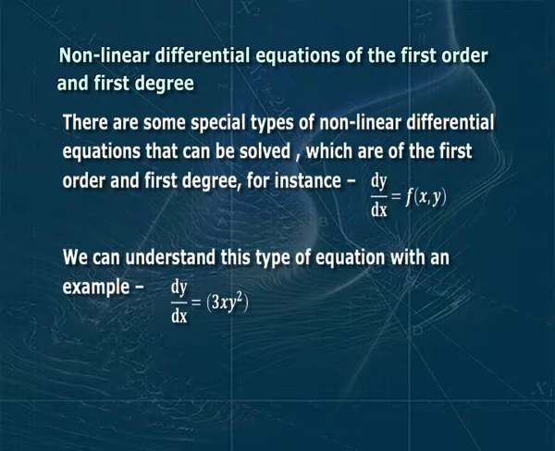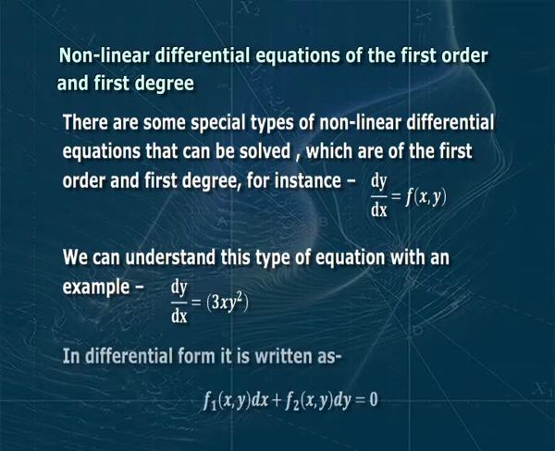We can understand this type of equation with an example. For example, dy by dx is equal to 3xy square. In differential form, it is written as f1(x,y) dx plus f2(x,y) dy is equal to 0.